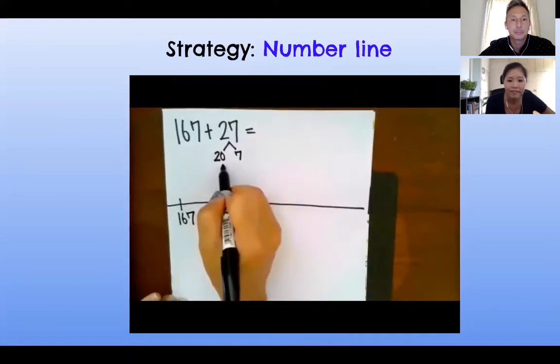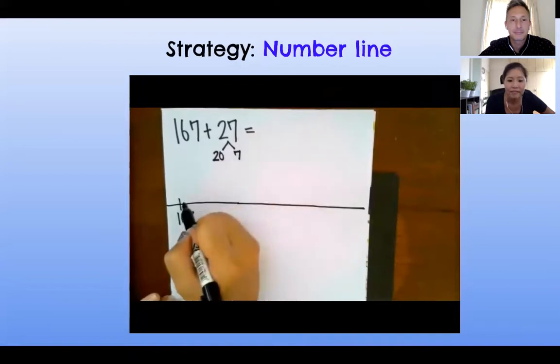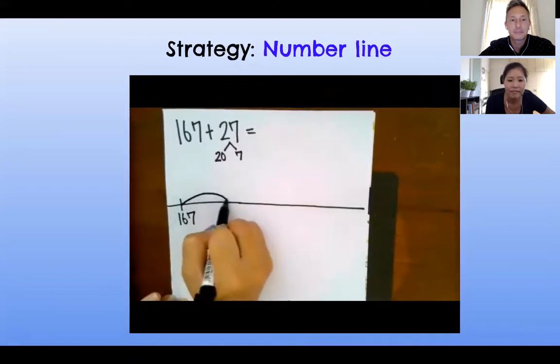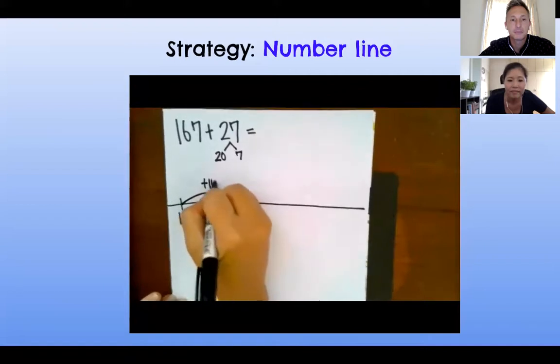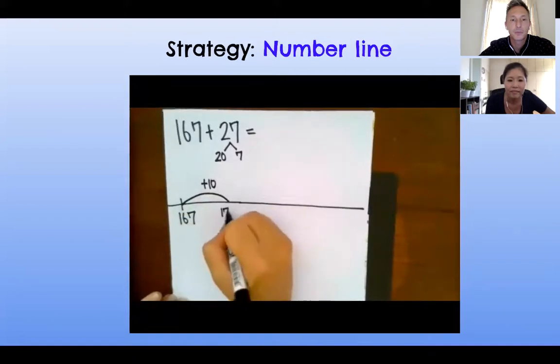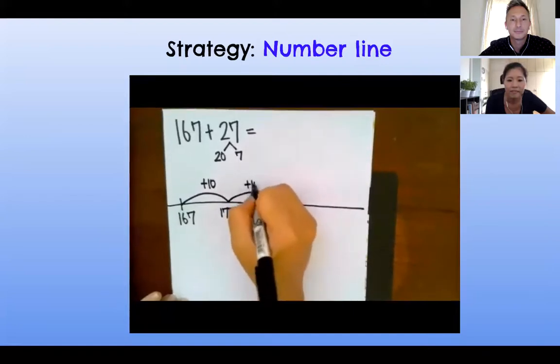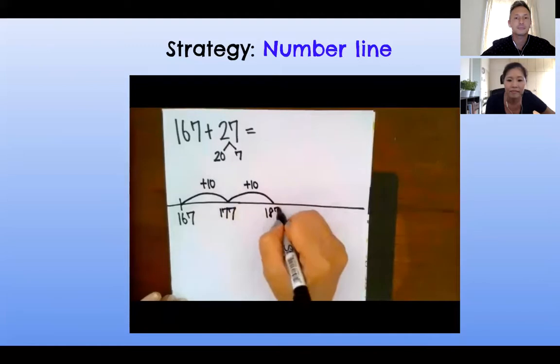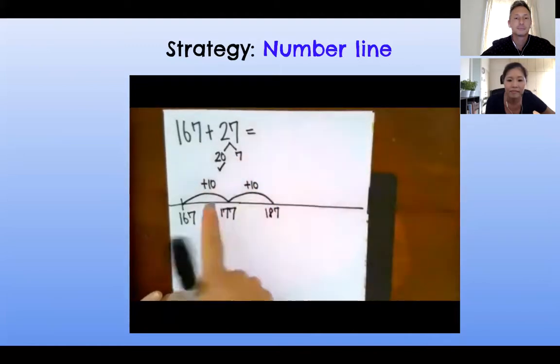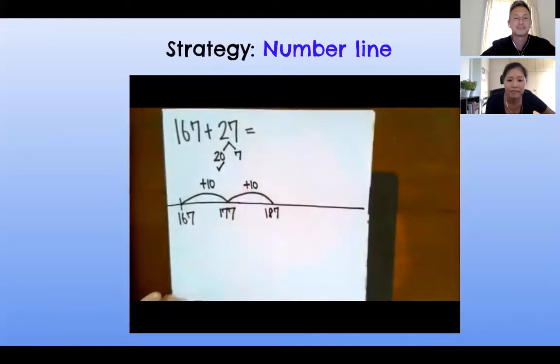And I know that I have to do 20 hops, but I'm going to do 2 10 hops, okay? So plus 10, so 167, 10 more, I can do that in my head, 177, 10 more, okay, we'll get to 187, okay? I did plus 20, now I have to do 7 more hops.